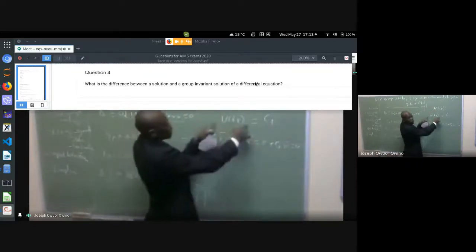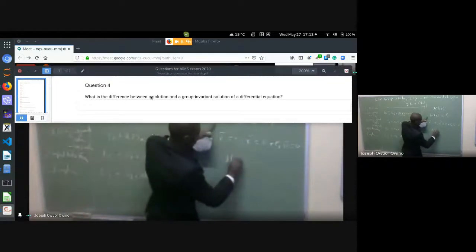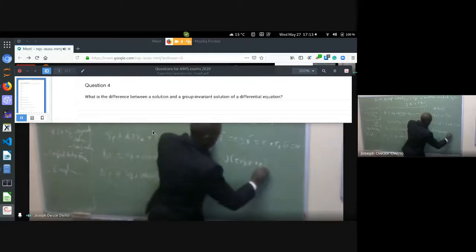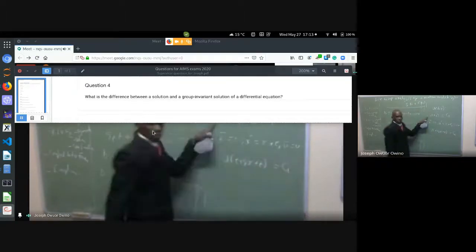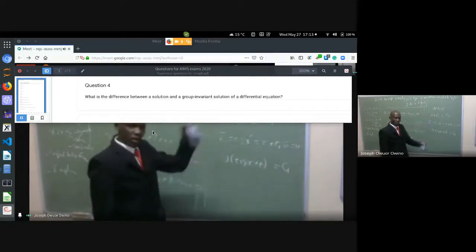Then, when I transform this solution, I will still get u of t, x plus e, which is still a constant solution. So I still get the same solution by transforming it. This is what we call a group invariant solution.